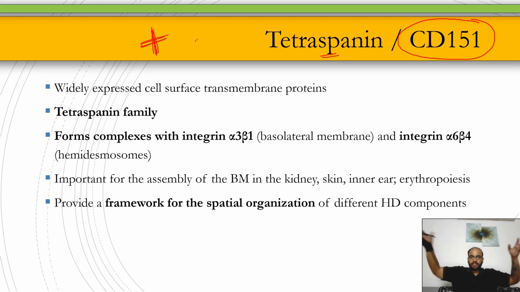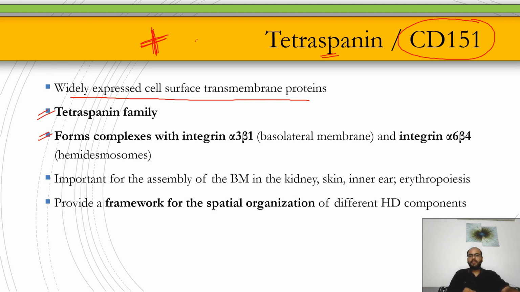So four arms and spans everywhere, and it's responsible for connecting different protein molecules of the hemidesmosomes. It's a widely expressed cell surface transmembrane protein, belongs to the tetraspanin family. It forms complexes with various integrins, for example, integrin alpha 3 beta 1 and integrin alpha 6 beta 4.